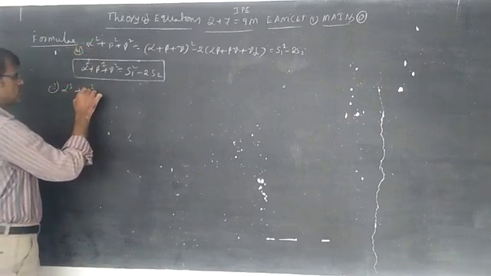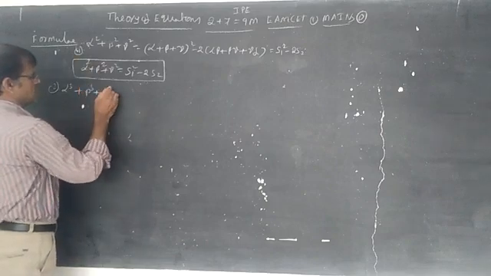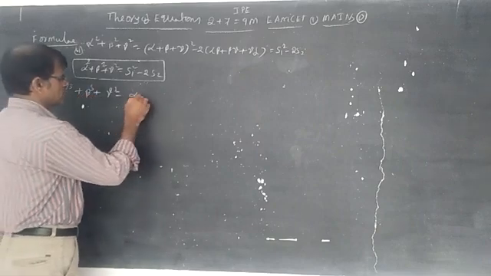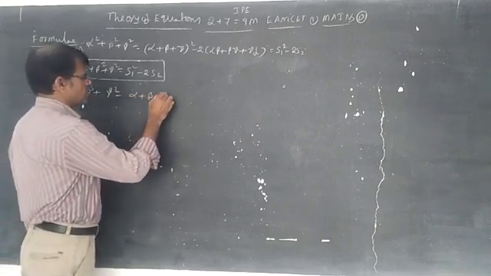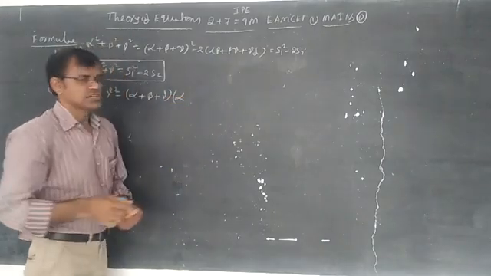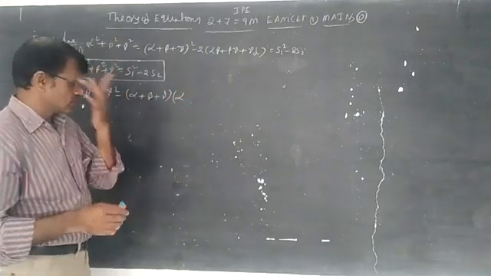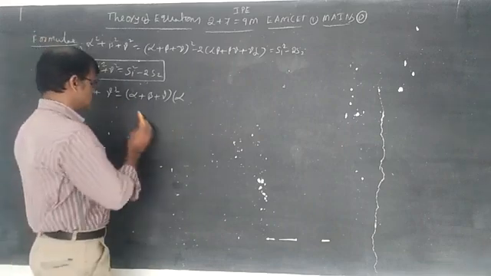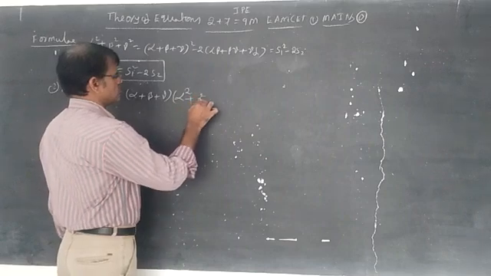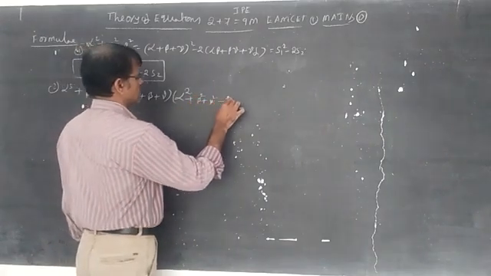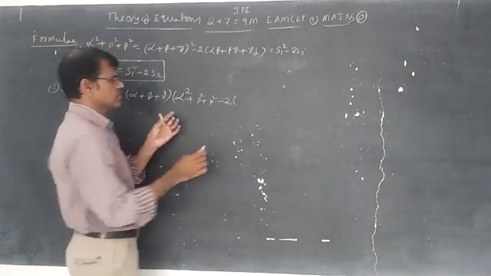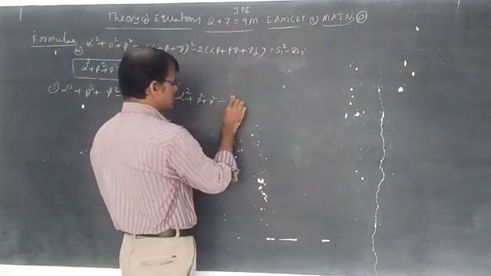Alpha cube plus beta cube plus gamma cube is equal to, this is the formula: a plus b plus c into a square plus b square plus c square minus ab minus bc minus ca, plus 3abc. This is an important formula.